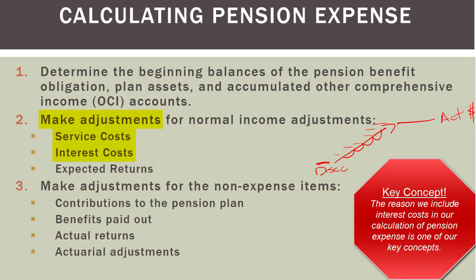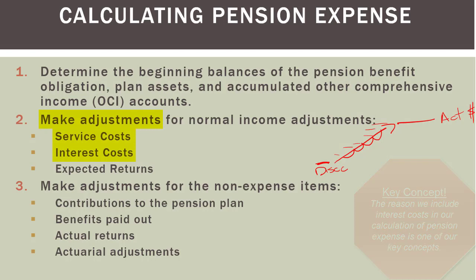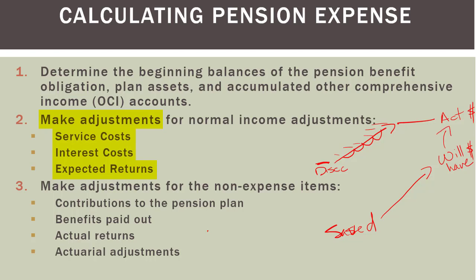The third normal every year adjustment is what we call expected returns. Basically, we look at what our assets are in our pension plan and we make an adjustment for how much we think those plan assets are going to earn during the year. And we account for how they're going to grow over time, what we've saved now to what we will have when it's time to start paying out this obligation.